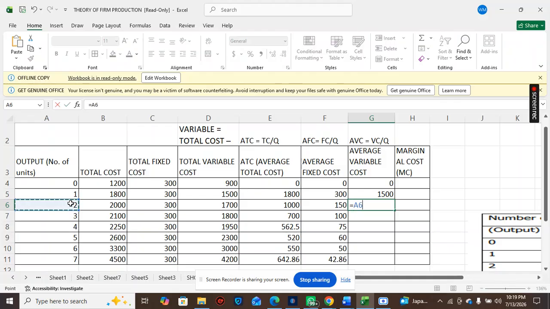When we produce 2 units, our variable cost is 1,700 divided by 2 units, 850. When we produce 3 units, our variable cost is 1,800 divided by 3, 600. When we produce 4 units, our variable cost 1,950 divided by 4, 487.5.